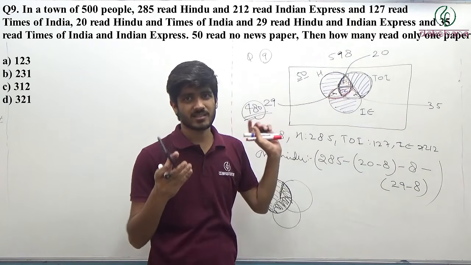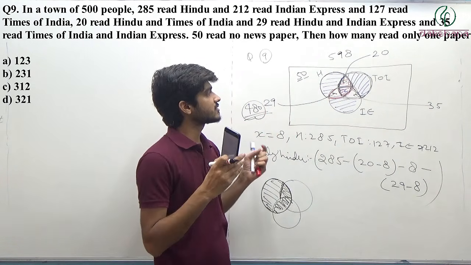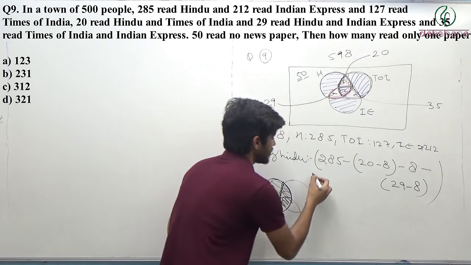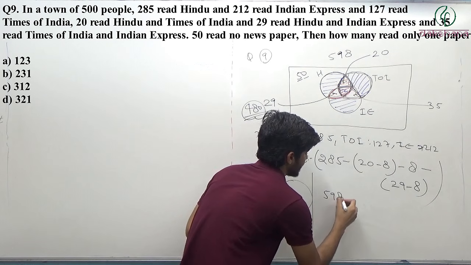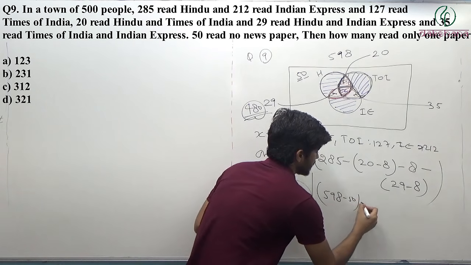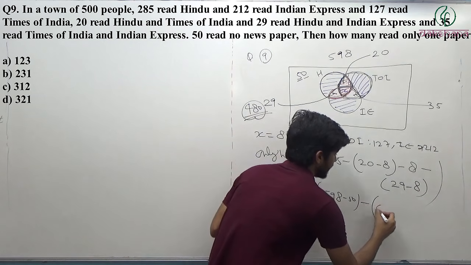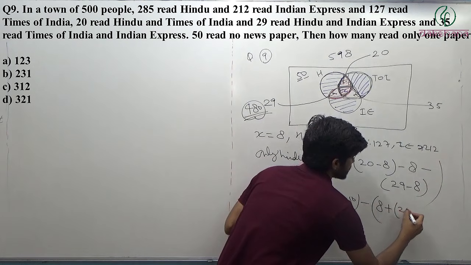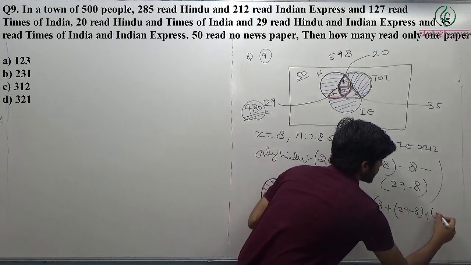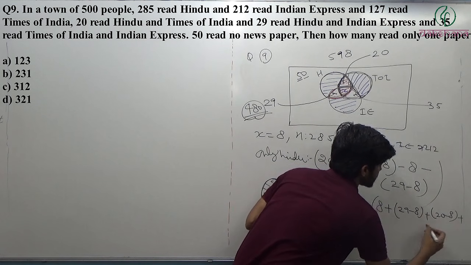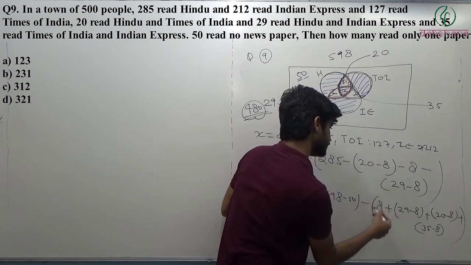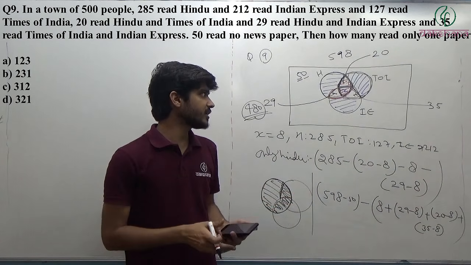That is another way of doing it. So essentially what I am saying is that 598 minus 50, from this you need to subtract 8 plus 29 minus 8 plus 20 minus 8 plus 35 minus 8. That's it. This is another way of doing it.